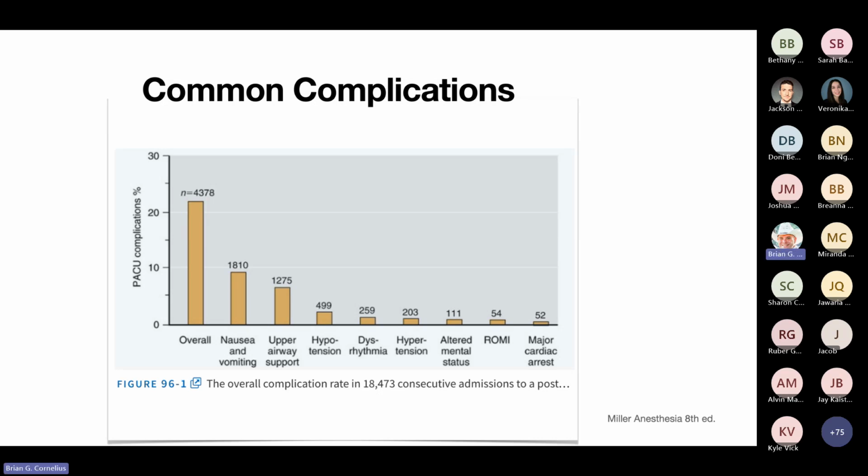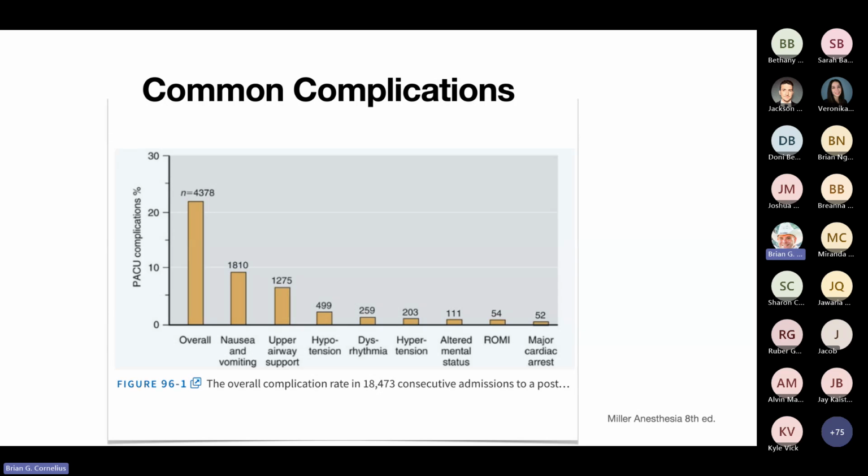We know that there's a significant number of patients that have nausea and vomiting. So if 25% of the patients had complications, about half of those had nausea and vomiting. It's also a little bit older study, so they didn't necessarily have the best interventions done for postoperative nausea and vomiting. So keep that in mind when you think about your patients.